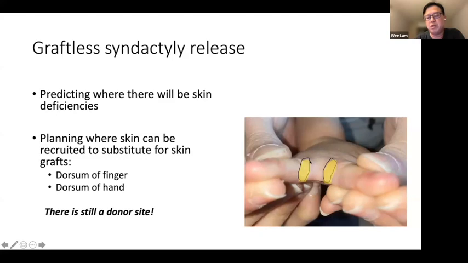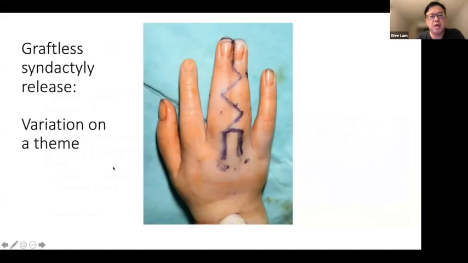Really the important message is that there is still a donor site for covering these areas. When we say in the graftless technique there is no donor site, there is still a donor site, except the donor site now is on the finger and the hand, and it can be as noticeable or problematic as taking a skin graft from a distant site.